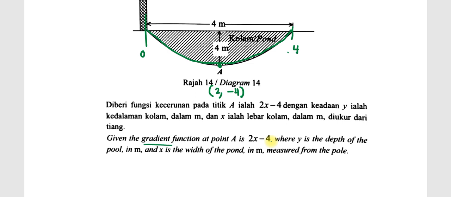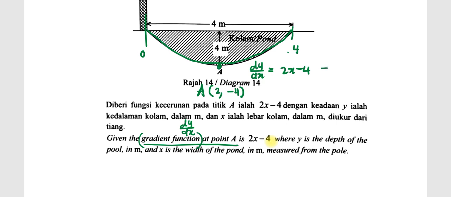They tell you gradient function at point A. If they say gradient function or gradient of tangent, it means dy dx. At point A, this is point A, is 2x minus 4. Okay. They tell you dy dx here is 2x minus 4. And don't forget guys, this is a minimum point, right?